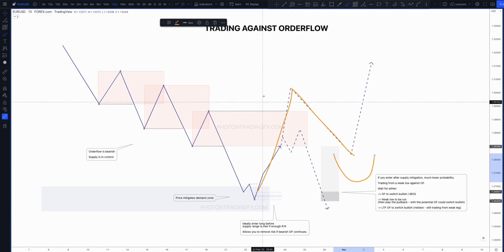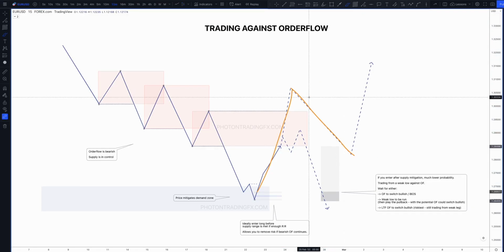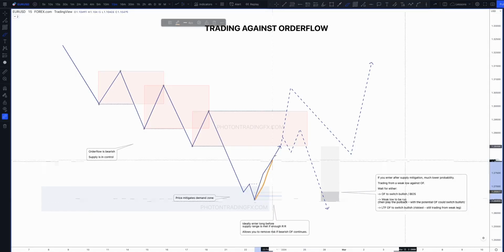Confirmation means you don't wait for order flow to shift on your side. The second one is you wait for the weak low. We come up here and start coming down, and this is that weak larger internal low.